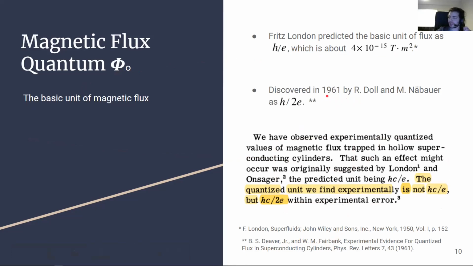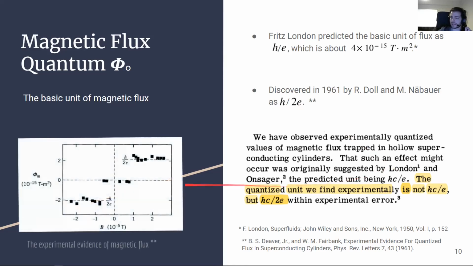But the important thing here is they discovered this basic unit of flux is h over 2e, not h over e. Here is the experimental evidence of magnetic flux quantization from their paper, and the data is pretty precise, with data points corresponding to h over 2e here and minus h over 2e here.